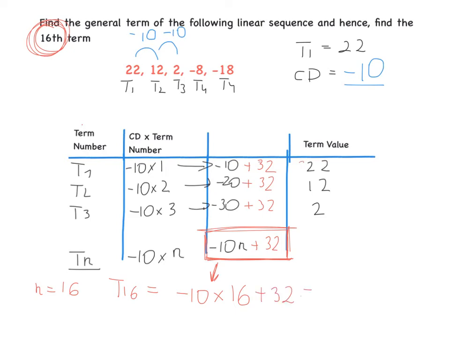Now, minus 10 multiplied by 16 is minus 160, and then plus 32, and the answer is minus 128. Okay? And this is the 16th term. So take it down or try to do it yourself following this video, okay?